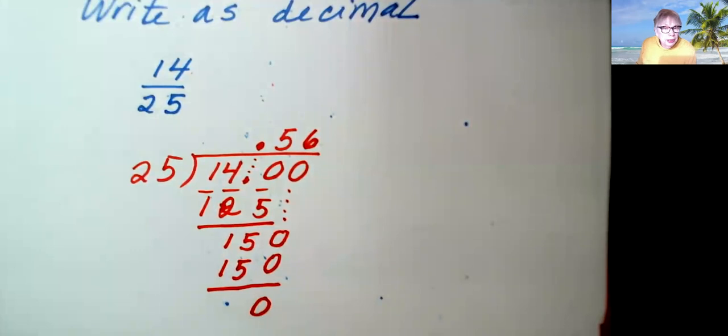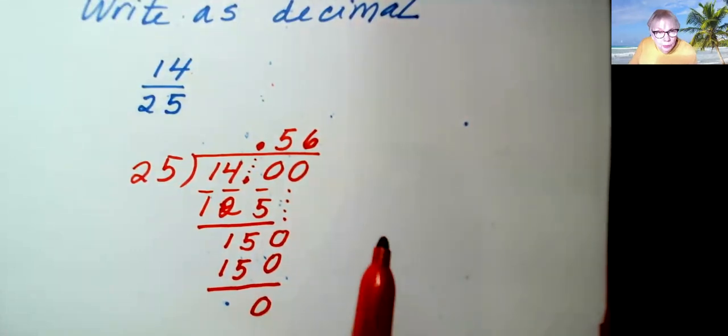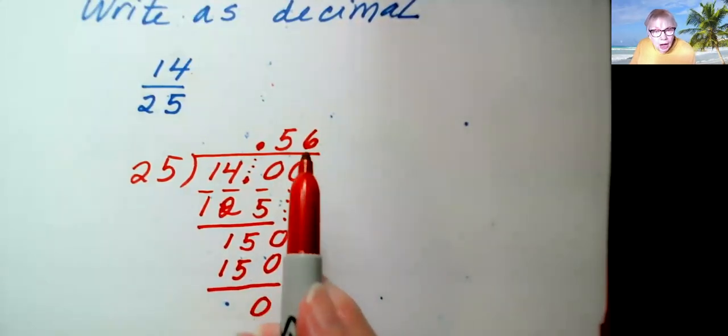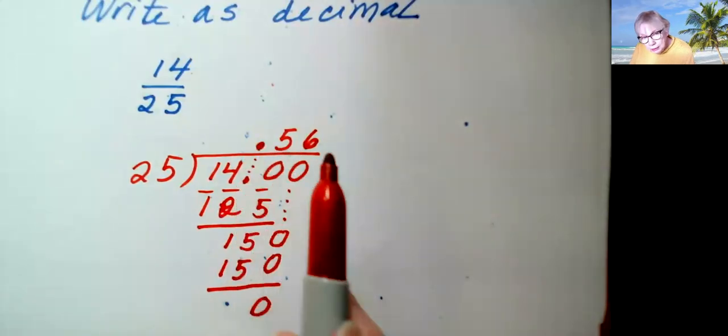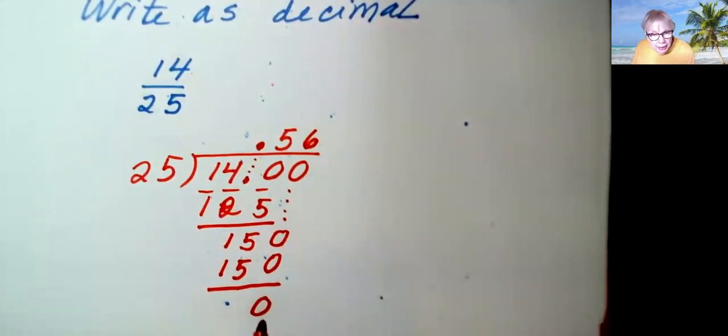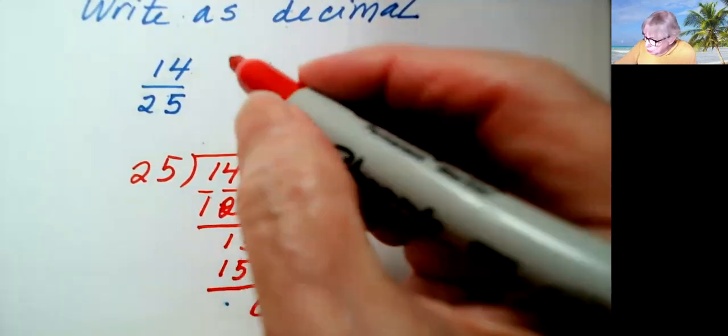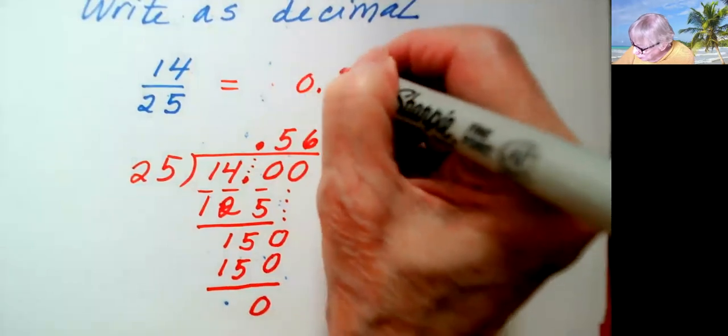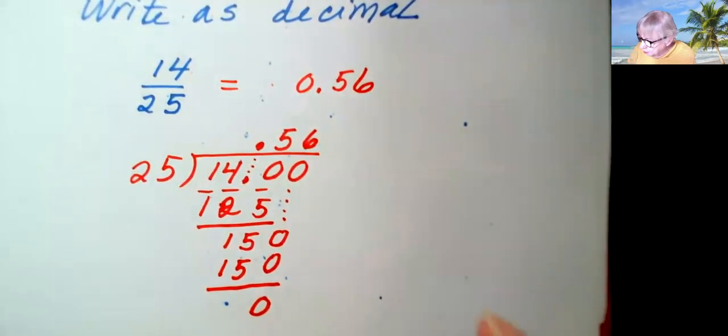And so there's no need for anybody to say something about rounding. And when they don't say anything about rounding, you are kind of expecting it to terminate. In other words, there would be 0 remainder somewhere along the line. So this particular one, 0.56. That would be your answer.